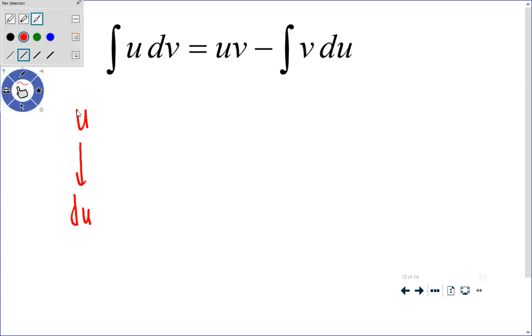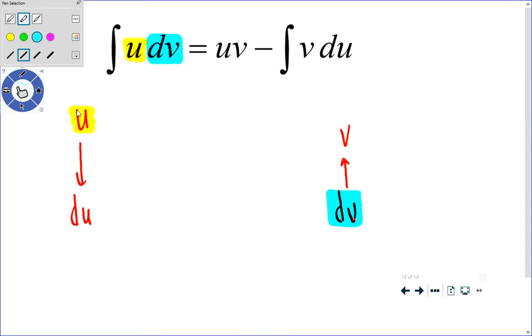In other words, everybody, in this form, u is chosen as the function and dv is chosen as the derivative. It requires a little different viewpoint, but that's essentially what's going on.